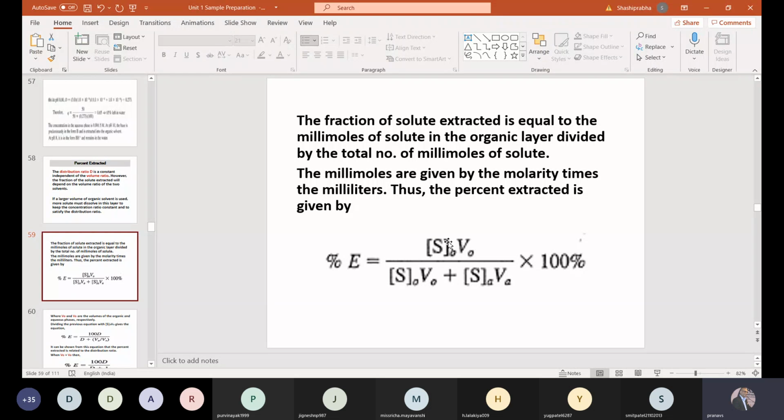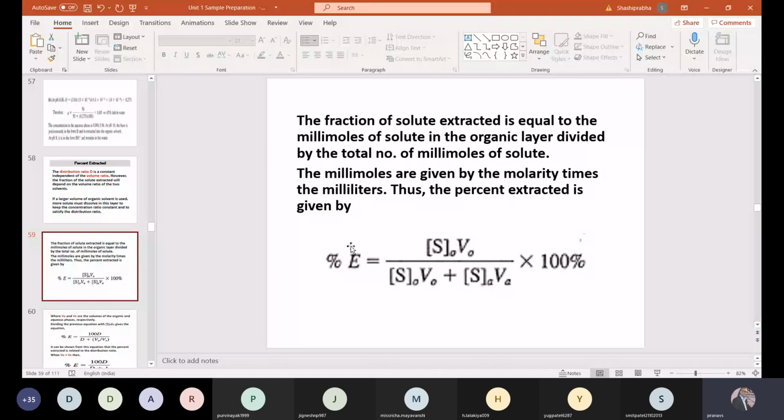If we multiply the concentration by volume, we get moles, right? See, concentration is moles by volume, so multiplying concentration by volume gives moles or millimoles, whichever way.